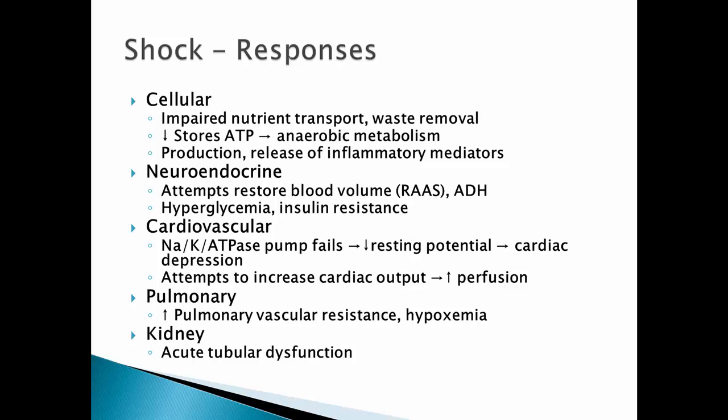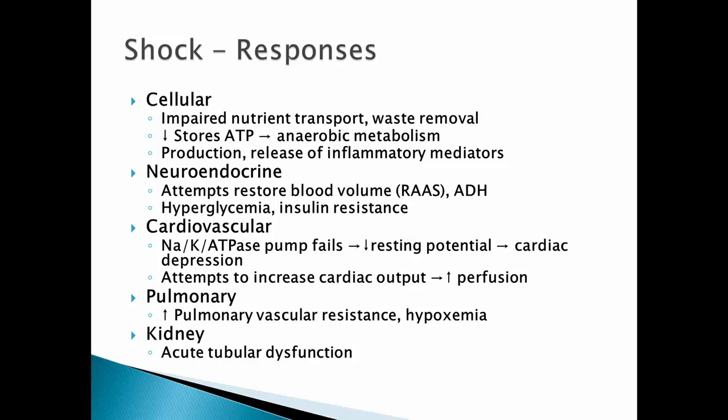In the cardiovascular system, we'll have a failure of the sodium-potassium ATPase pump, which would then lead to a decrease in the resting potential and resulting cardiac depression. And this worsens the transport of nutrients, which then would again decrease the levels of ATP and worsen anaerobic metabolism, leading to a buildup of lactate and an acidotic environment.